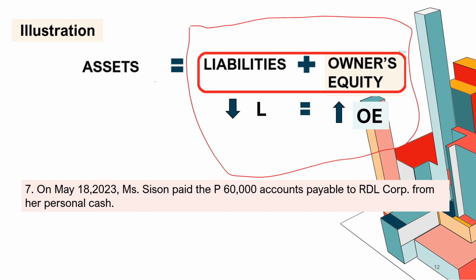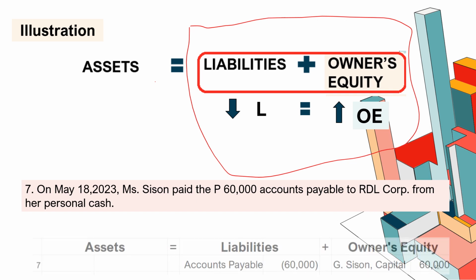However, in this number 7, the intent of Gian is to put in additional investment. So she made an additional cash investment to the business. So the 60,000 pesos reflected pertains to the accounts payable and at the same time the additional cash investment of Miss Season.